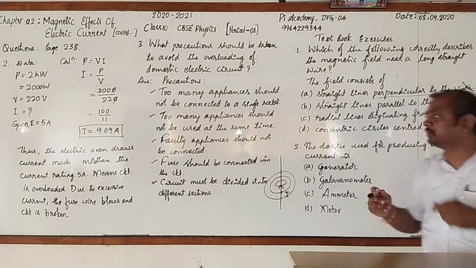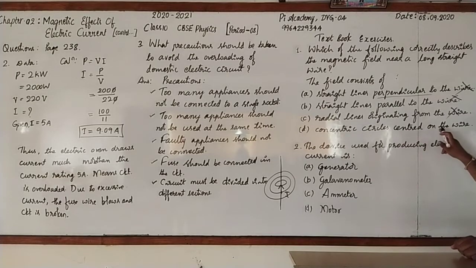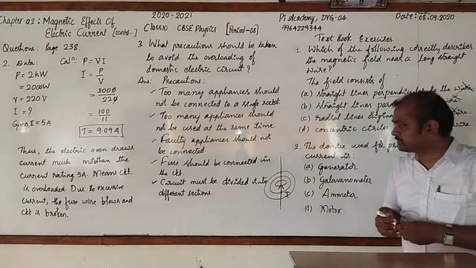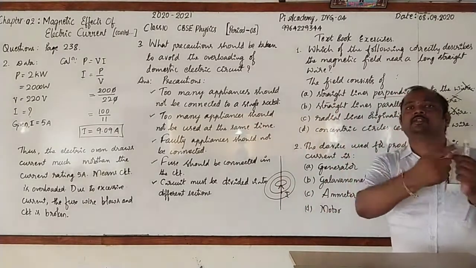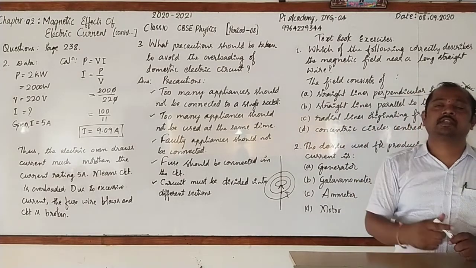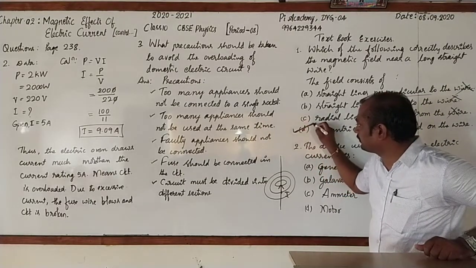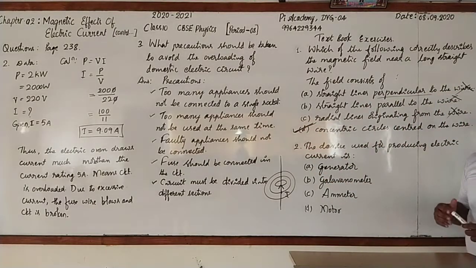It is around that wire. Then concentric circles centered on the wire: with the wire as the center, concentric circles are formed. Nothing but concentric field lines are formed. Hence option D is correct. I am putting a right mark for that. And go through the second one.